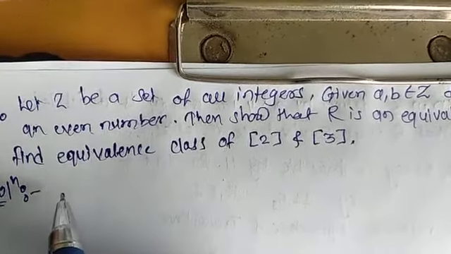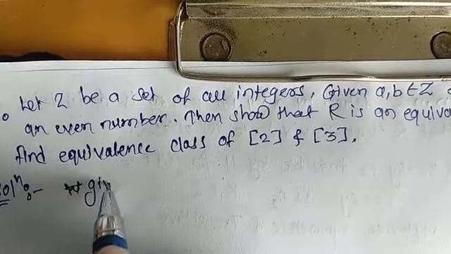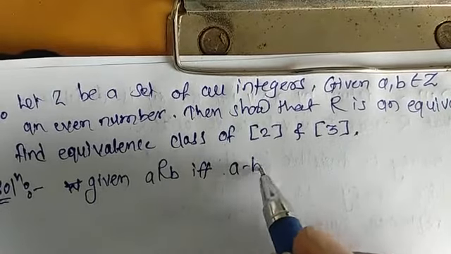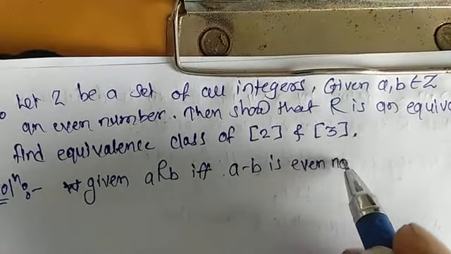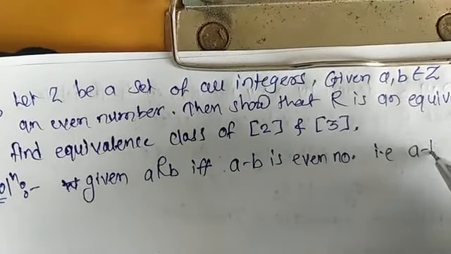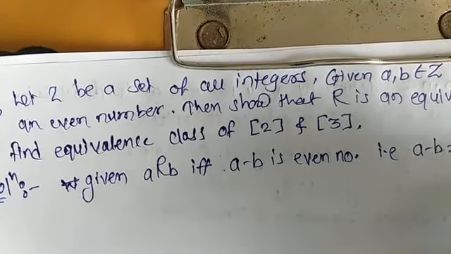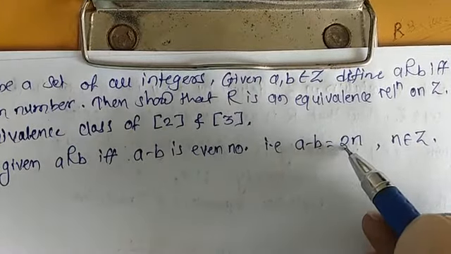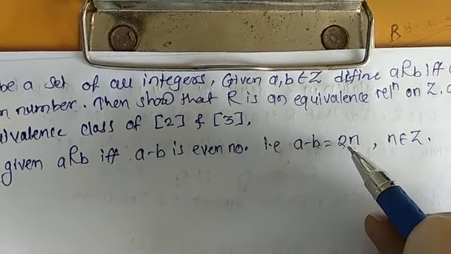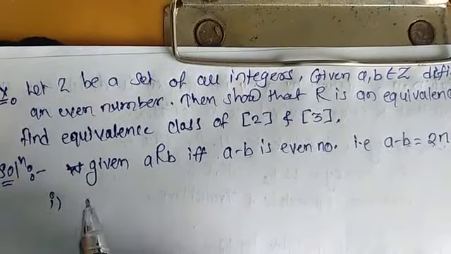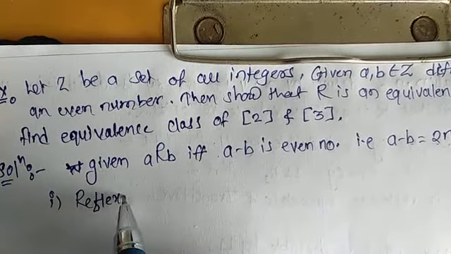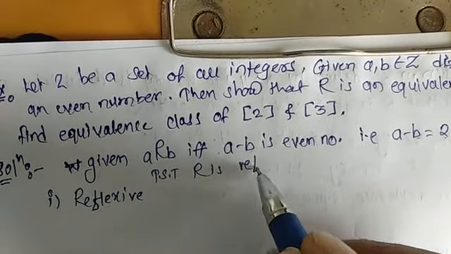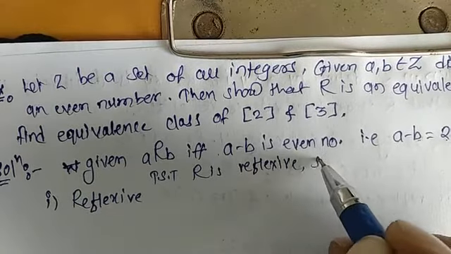So it is given that a is related to b if and only if a minus b is an even number, that is, a minus b is equal to twice n, where n belongs to Z. Twice n means a minus b should be a multiple of 2, then only it is an even integer. Now first we are showing reflexive. Here we have to show that R is reflexive, symmetric and transitive.